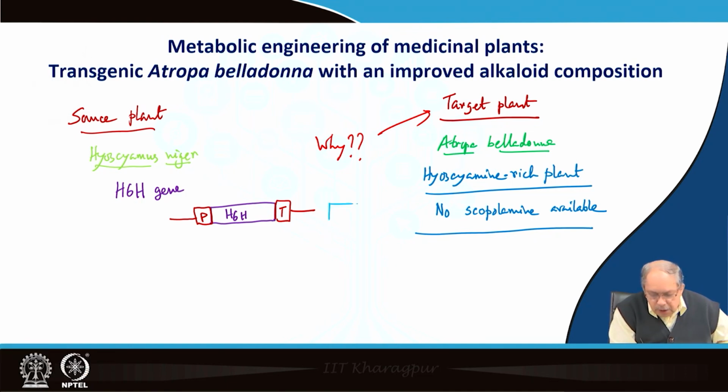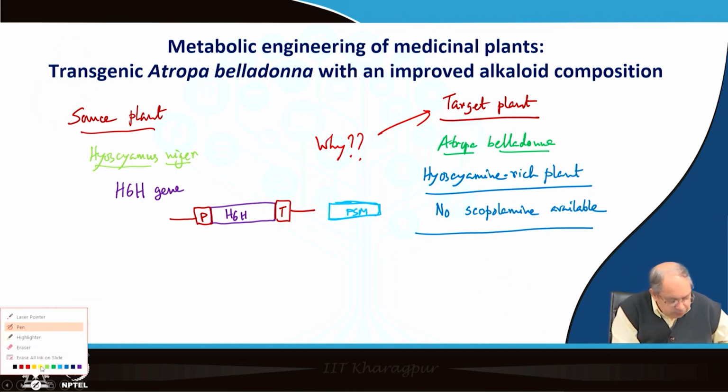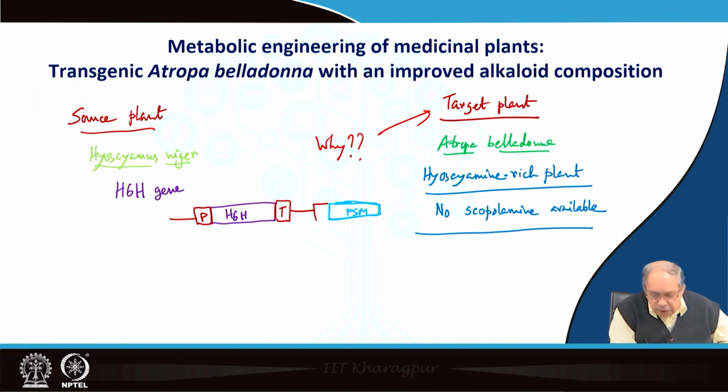Along with that, a plant selectable marker should be used, and the construct should also contain a promoter and a terminator. So, this is a vector to be constructed in this way.